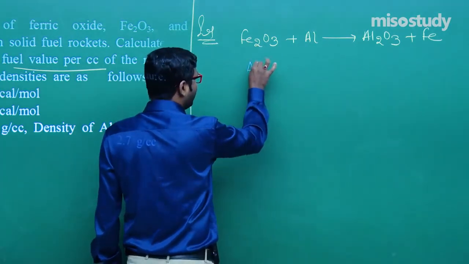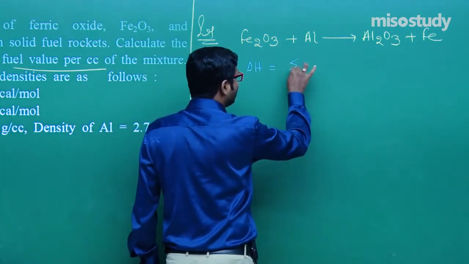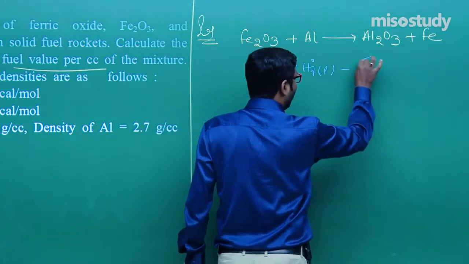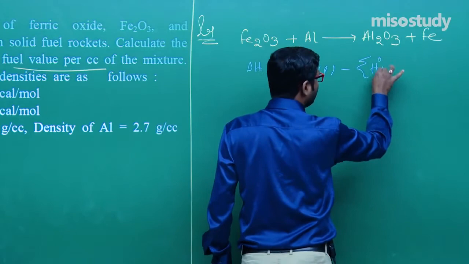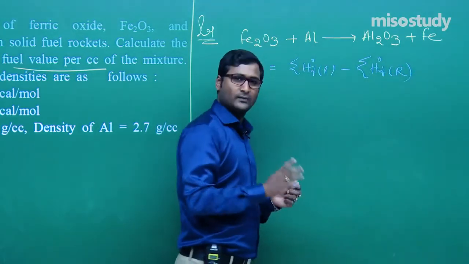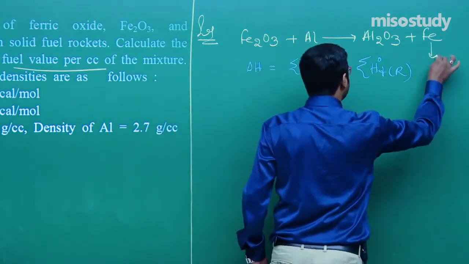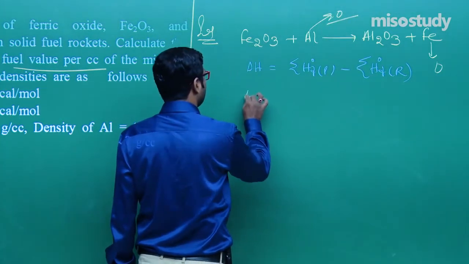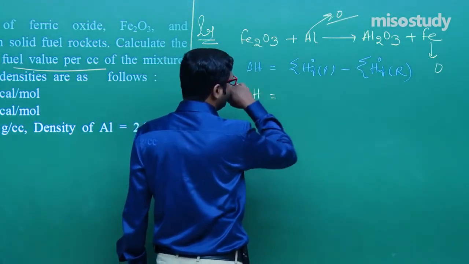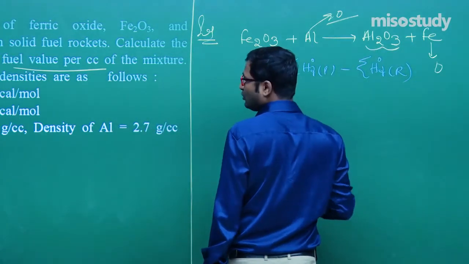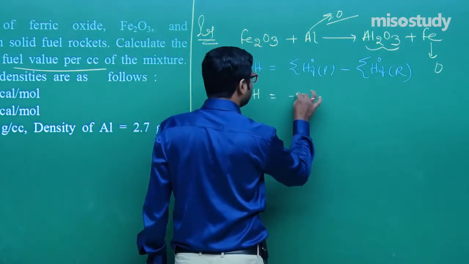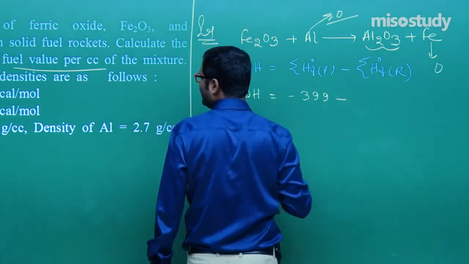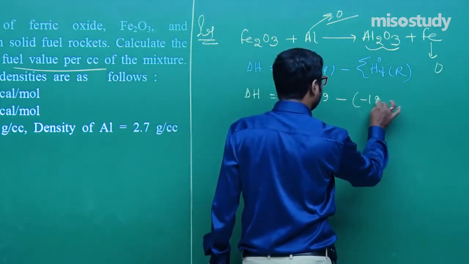Now, what is the value of delta H? That is summation of heat of formation of product minus summation of heat of formation of reactant. This is a standard form, so in this case the value is taken as 0, and in this case the value is taken as 0, heat of formation. So delta H will be equal to product, that is Al2O3 according to the data, minus 399, minus the reactant Fe2O3, minus 199.